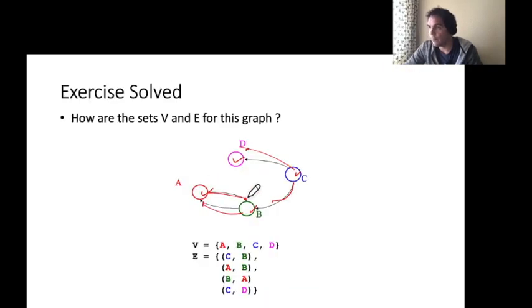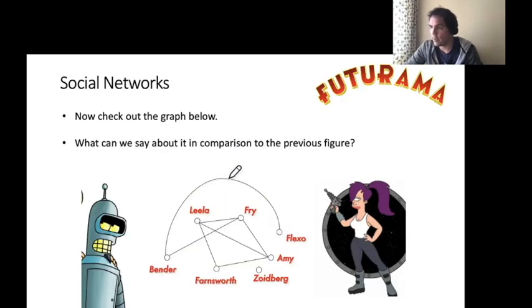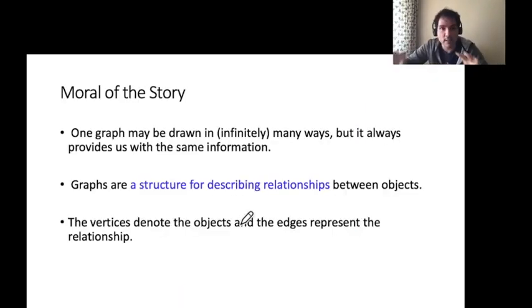Basically, this entity is going to have 3 connections, and so on and so forth. So what we want to say here is that we can represent the visual representation of the graph in so many different ways, but at the end of the day, the information that we have is the same. That's extremely important.